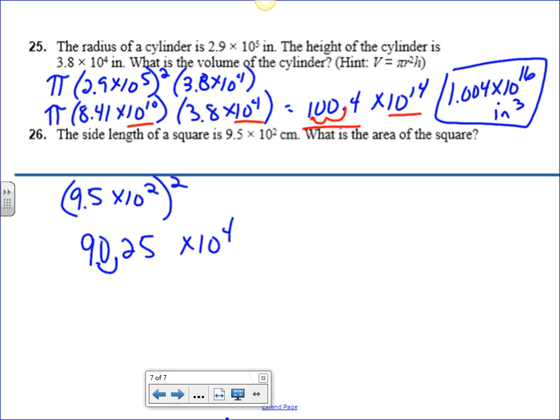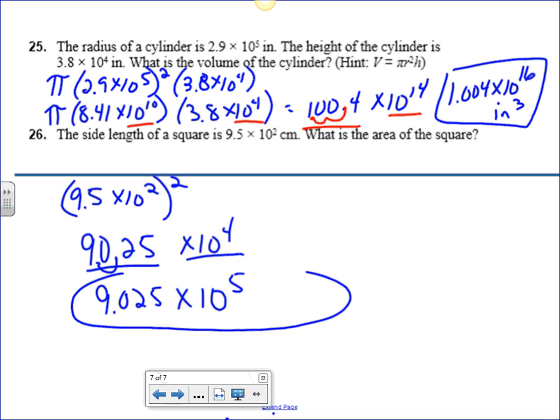So we move it once. This has got to change by 1. So I have 9.025 times 10 to the, that one got smaller, this one's got to get bigger. So it'd be 10 to the fifth power. And this would be centimeters squared at this time.